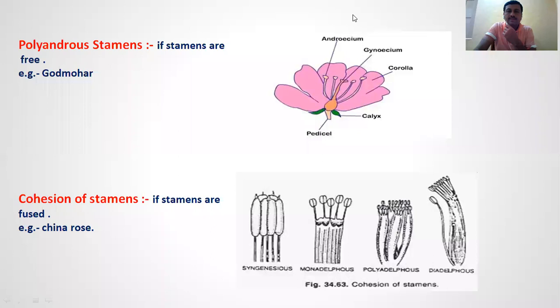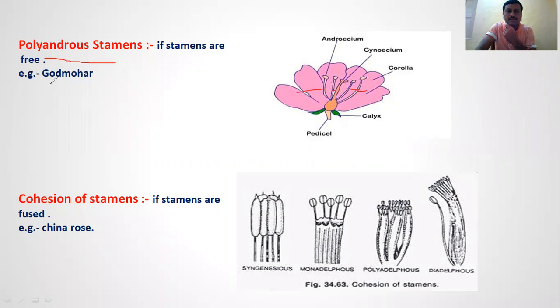Every stamen is separate, and these separate stamens are called polyandrous stamens.